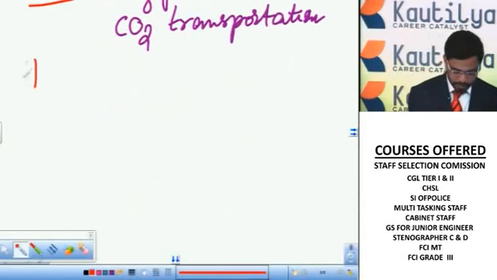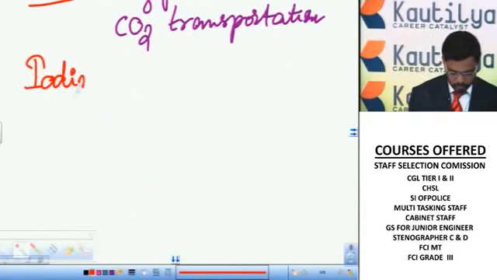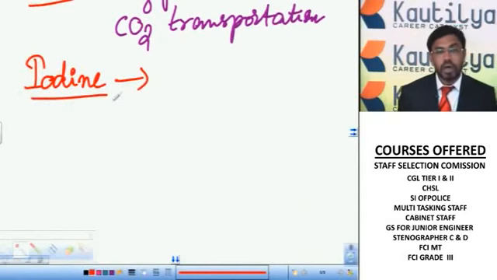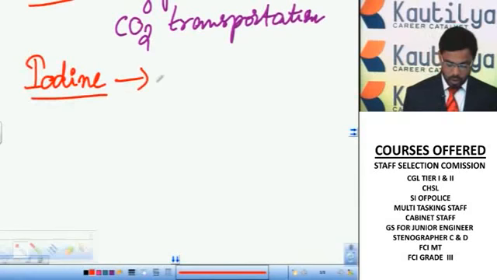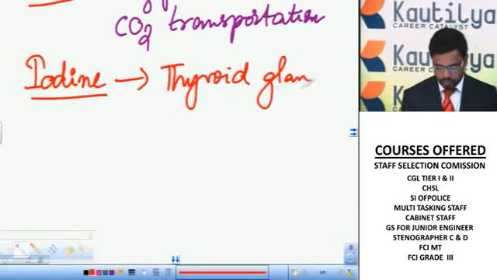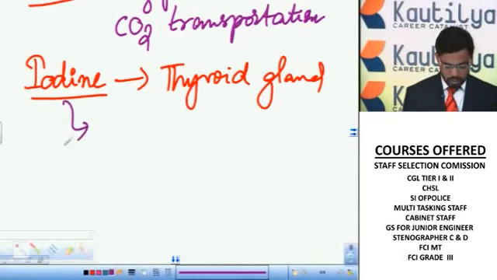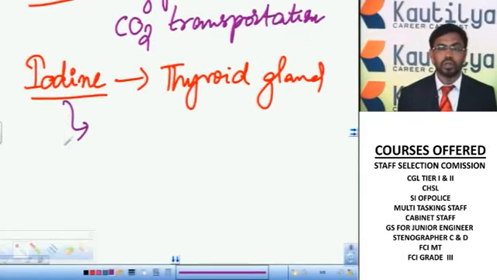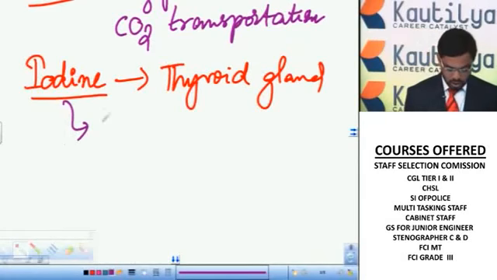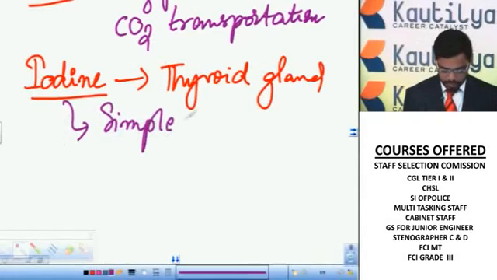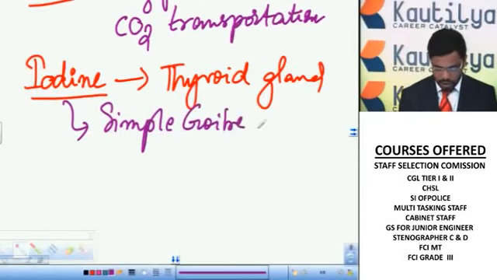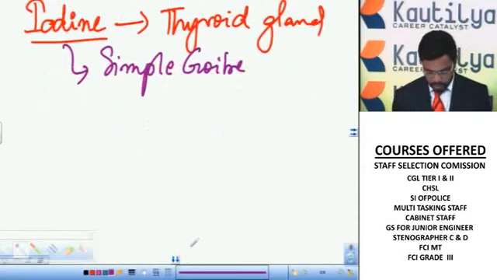And iodine. Iodine is useful for proper growth and metabolism of the thyroid gland. It is also useful for development of nervous system. So deficiency or inadequate amount of iodine leads to the enlargement of thyroid gland. This condition we call as simple goiter.